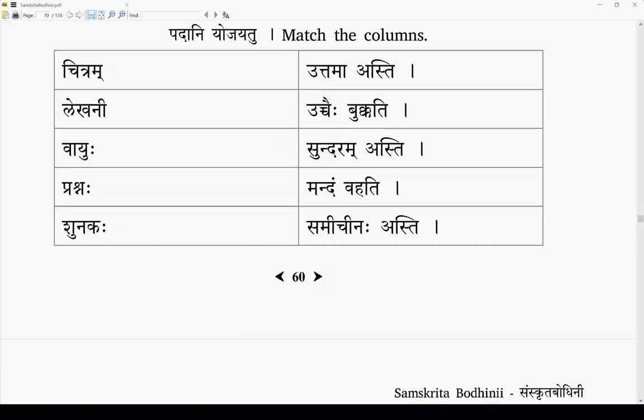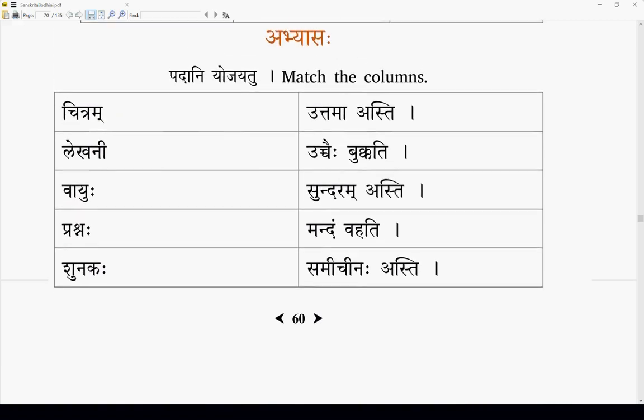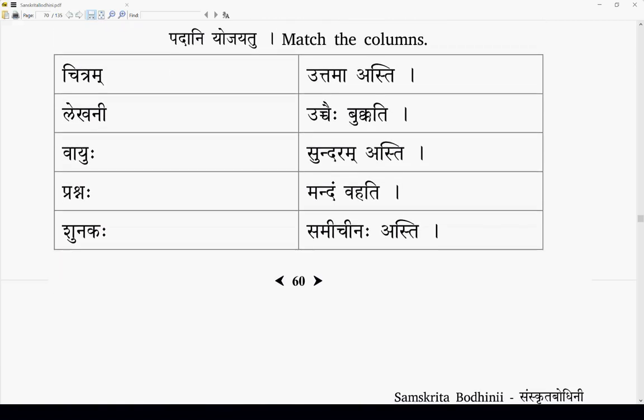Any question here so far? Mahodaya, in this Vayuhu Mandam Vahati, is it in the same lingam? Vayuhu is pulingam, right? Yes. And Mandam is avyayam, a kriya vishesham, like Purmaha Mandam Chalati. Mandam is a kriya visheshanam for Vahati.